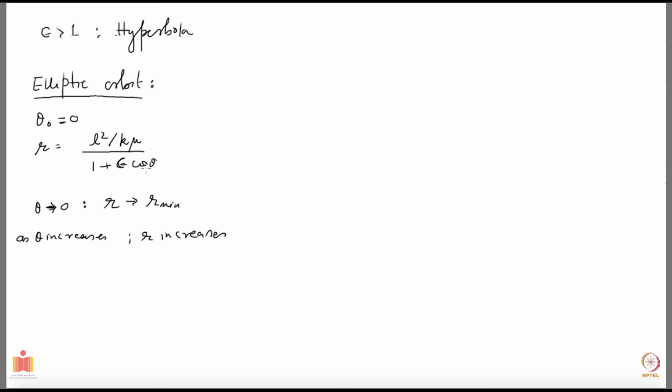When your theta is pi, this will be minus 1, and this would take its minimum value allowed, and R will take its maximum value. So as theta goes to pi, R goes to R maximum, and then after that it starts again decreasing. So clearly the situation is this.